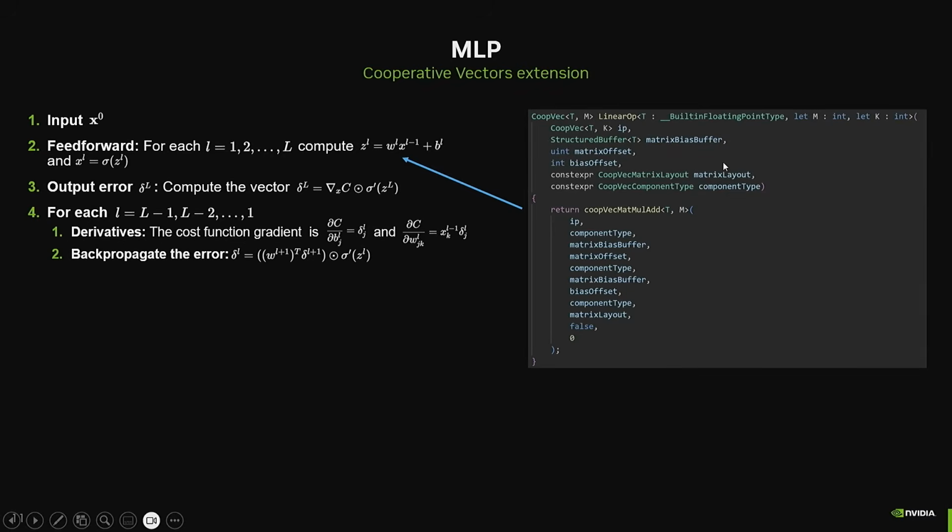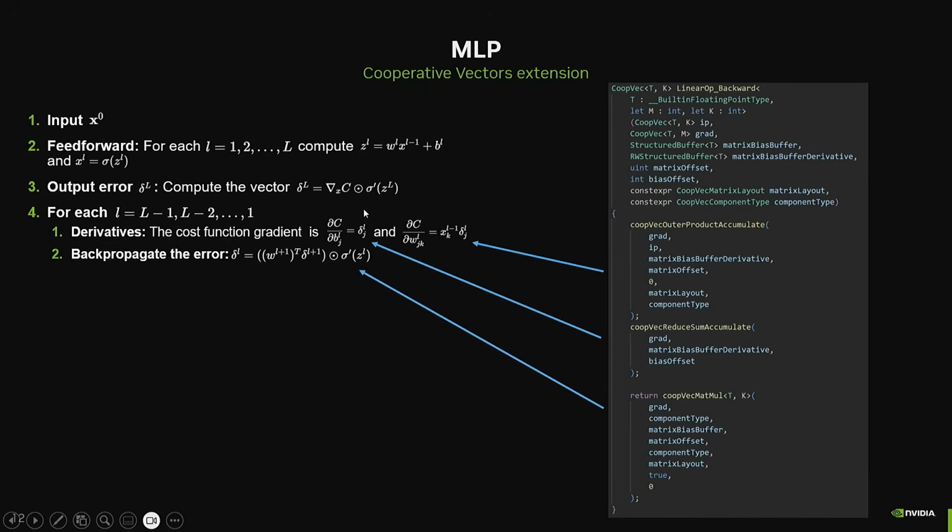Actually, there are multiple layouts possible in the cooperative vector extension. Typically, we use inference optimal and training optimal correspondingly. So for training, we use training optimal. But also there is a row-major layout, just to exchange data between GPU and CPU. And there are commands to do conversion between those different layouts on the GPU side.